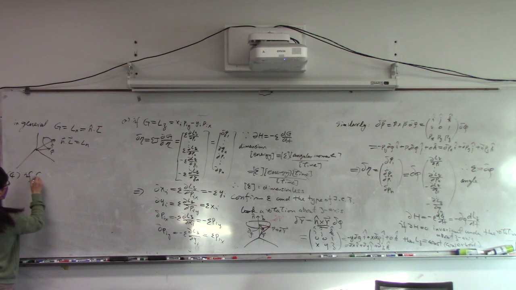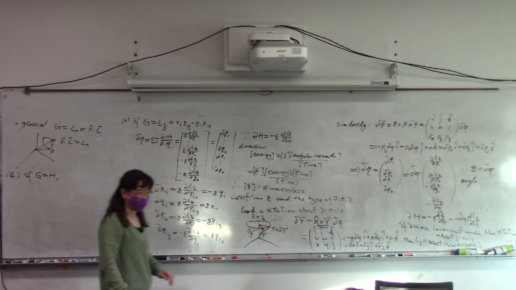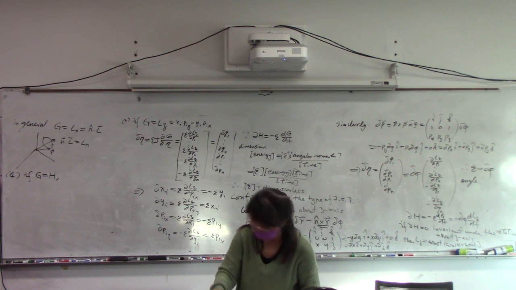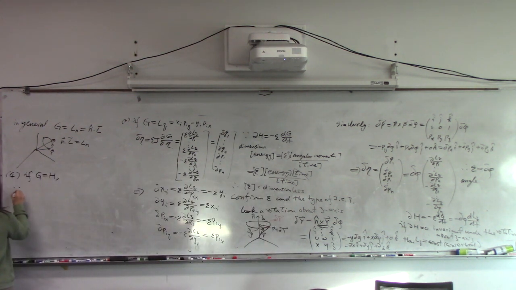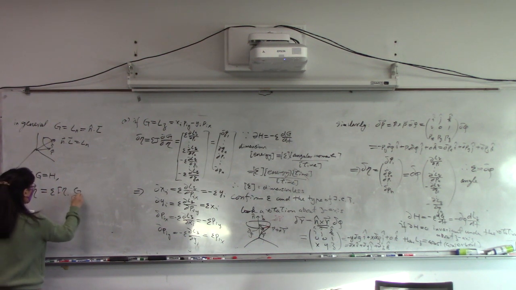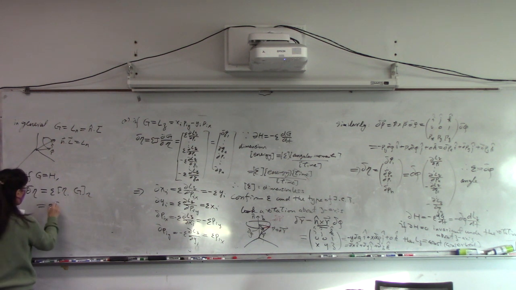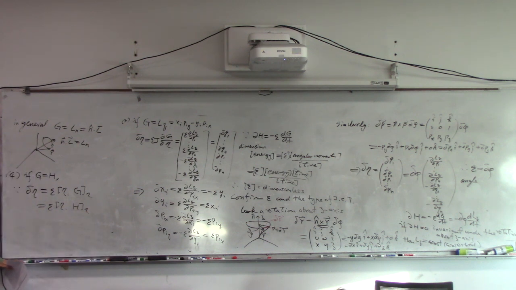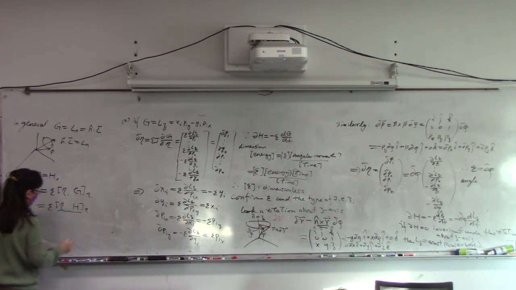Now let's see if the generator is the Hamiltonian itself. If it is, what is epsilon? What kind of canonical transformation is associated with this? Let's look. Because the infinitesimal change of the canonical variables is epsilon times the Poisson bracket of eta with G, right? And in this case G is the Hamiltonian.